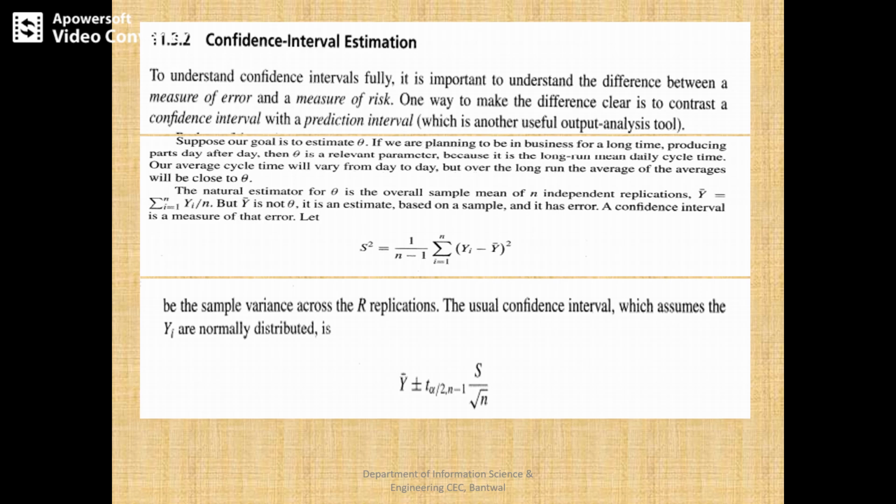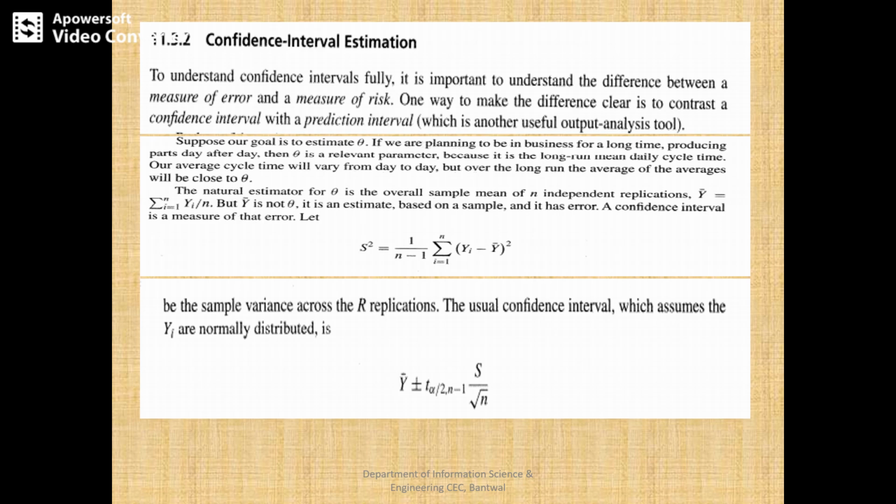The usual confidence interval, which assumes the Yi are normally distributed, is Y bar plus or minus t alpha by 2 comma n minus 1 times S over square root of n, where t alpha by 2, n minus 1 is the quantile of the t distribution with n minus 1 degrees of freedom that cuts off alpha by 2 of the area in each tail.